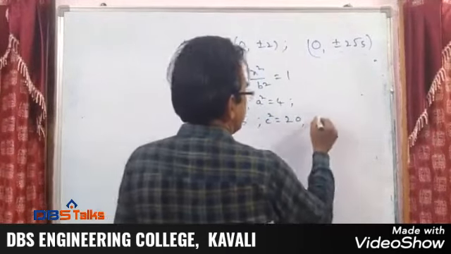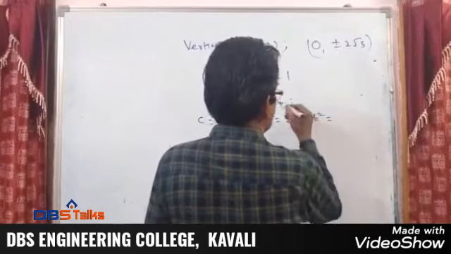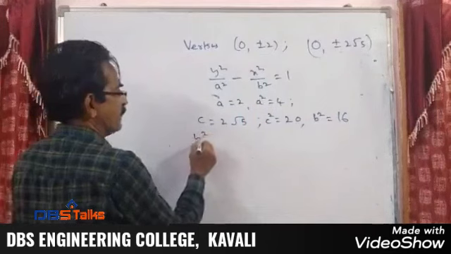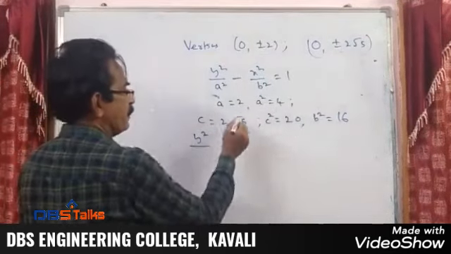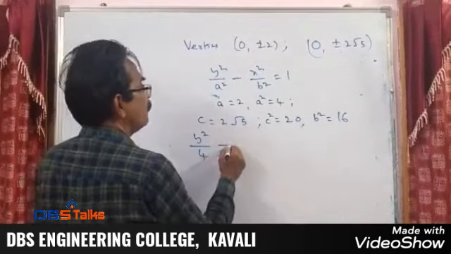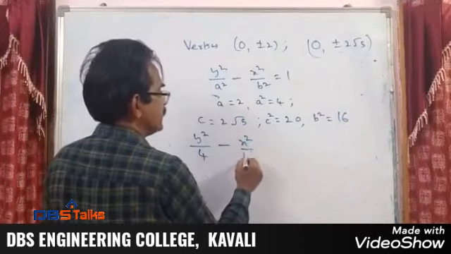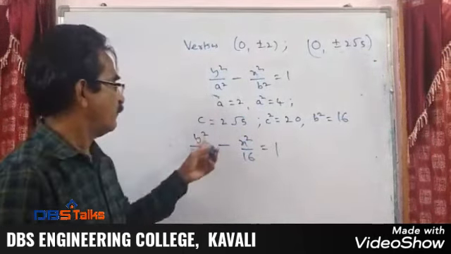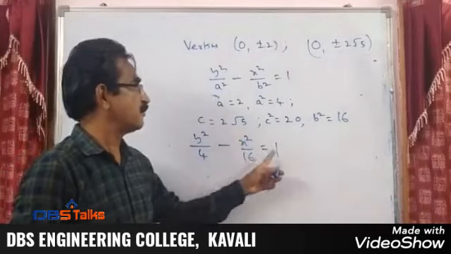Then b² is equal to 20 minus 4, 16. Now the required equation is y²/a² minus x²/b², that is y²/4 minus x²/16 equals 1.